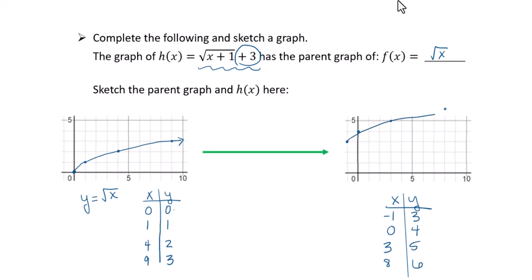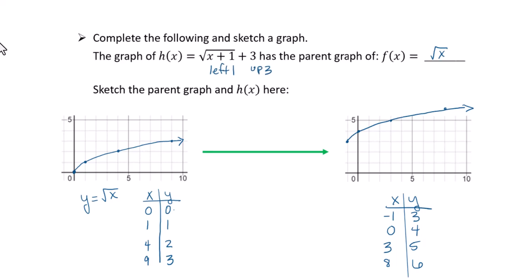There we can see we've gotten the same graph that we had before, just that it has shifted to the left 1 unit and up 3. And you can literally just move each of those points if you would rather look at it that way.